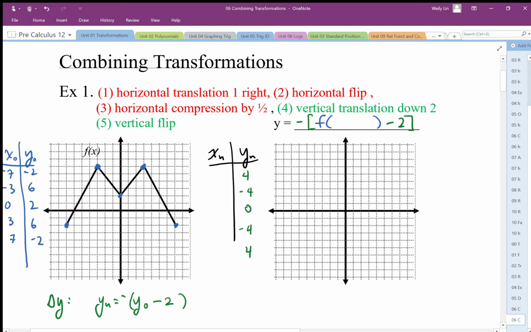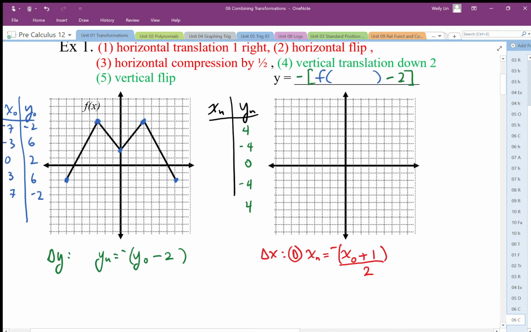I'm just going to write my change in x algebraically. This is my description, or my do part of it. I'm going to go to the right first, so I'm going to go +1. I'm going to flip it horizontally second. So I need brackets, and then I'm going to compress by 1/2, so I'm going to divide by 2.